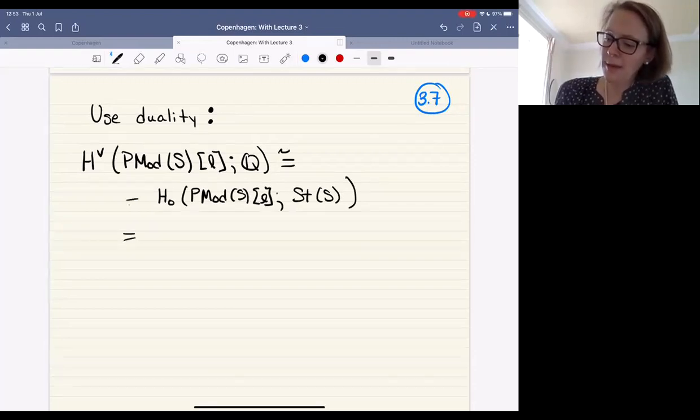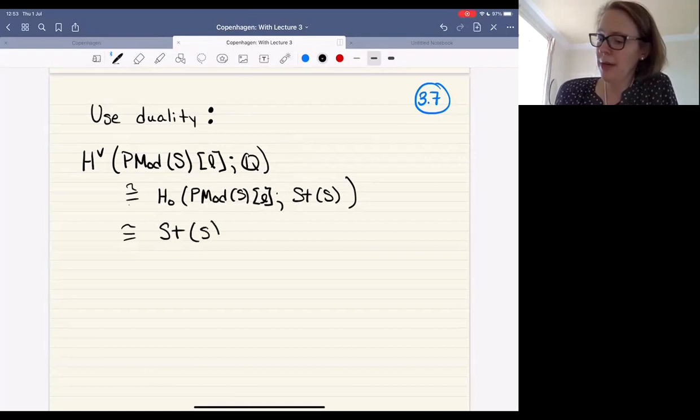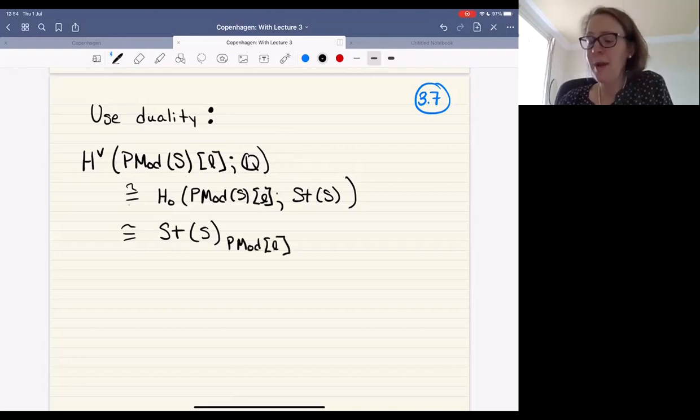And this, sorry, should put that down here. And this just means that what we really need to understand is the co-invariance, right? So if we want to understand zeroth homology, we need to understand the co-invariance of our level L congruence group acting on the Steinberg module.